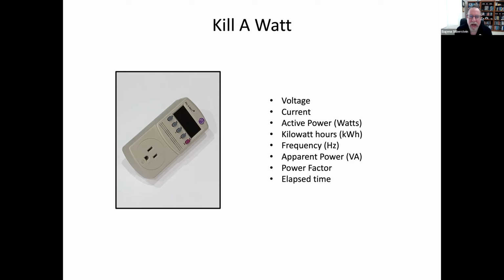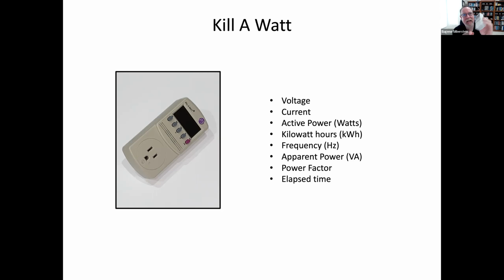This device will monitor the voltage, the current. It'll give you a display of the wattage, the active power. It'll give you the apparent power, the VA, the kilowatt hours consumed, the time elapsed, the frequency, power factor. You're going to get all of this right on the display by pushing the buttons. All right.